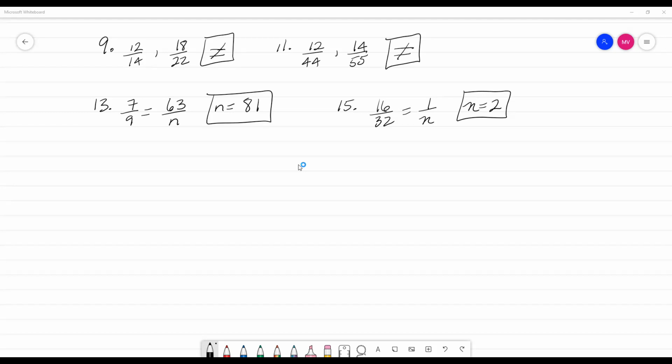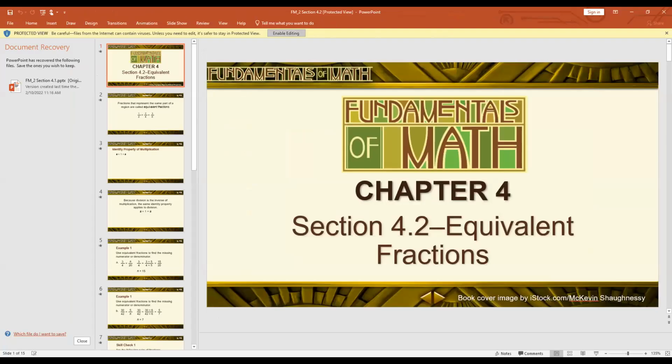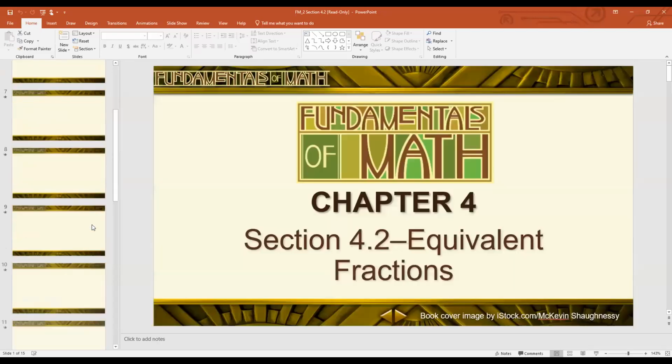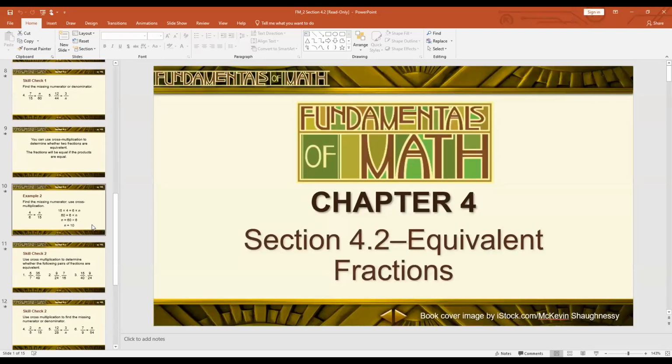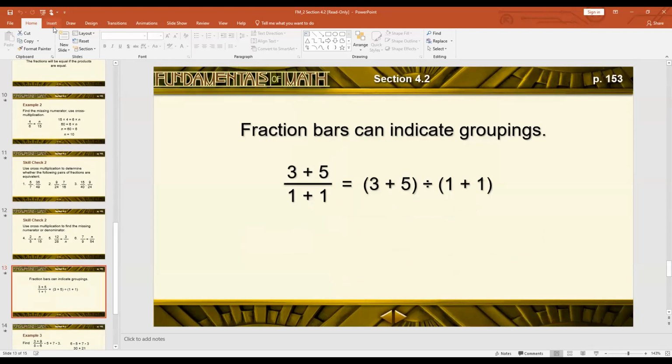So let me pull up the PowerPoint really quick because you might want this. PowerPoint 4.2.